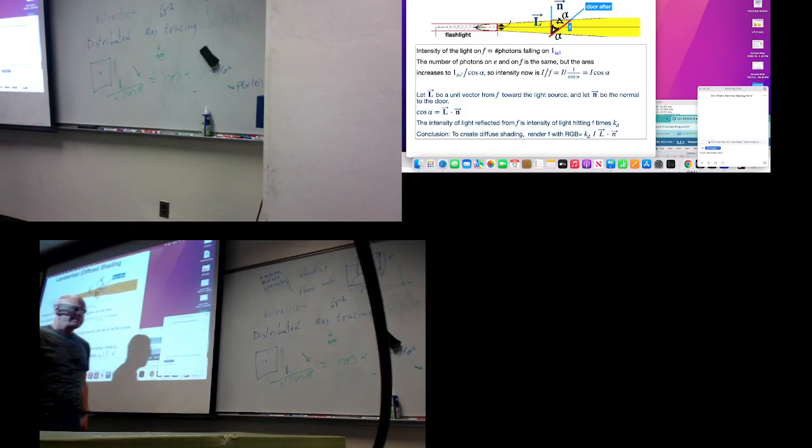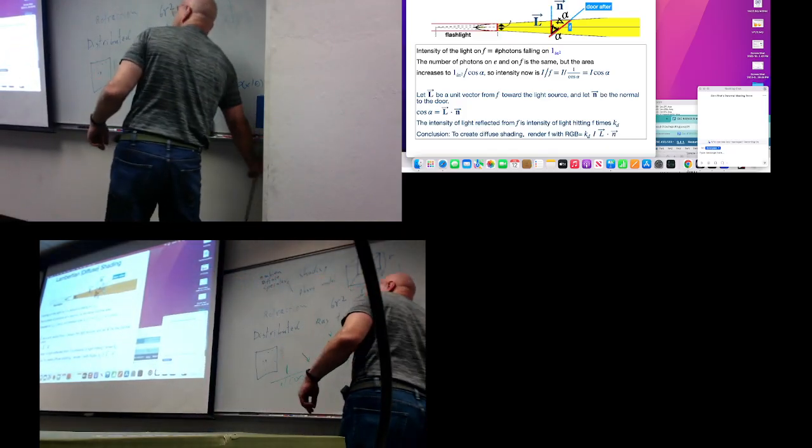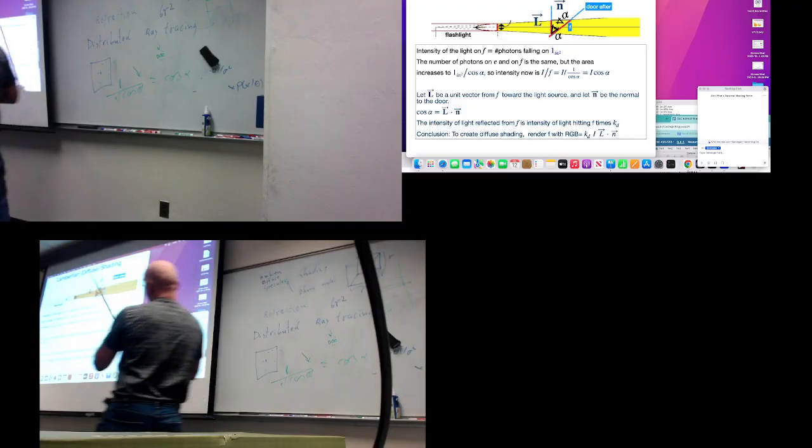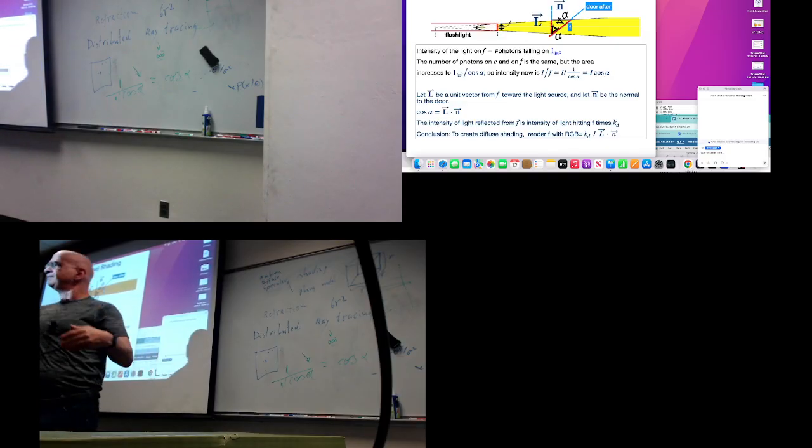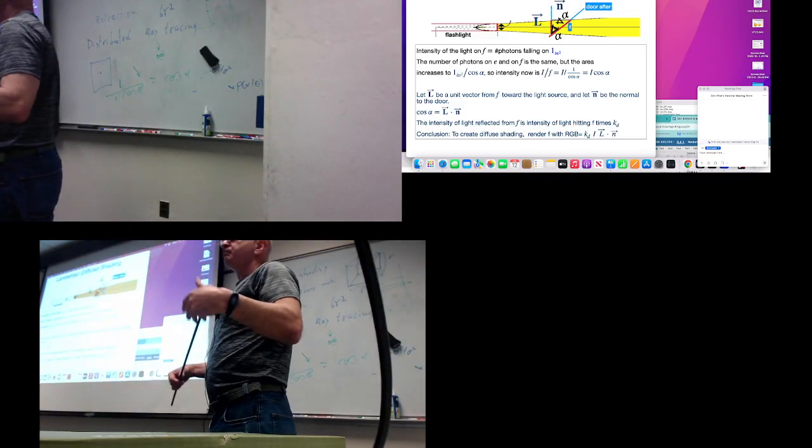Then, for example, I am doing the ray tracing, and here is a viewer, and the viewer shoots a ray, and once this ray hits the door, I want to create a diffuse effect by controlling the intensity of the door. What will I do?